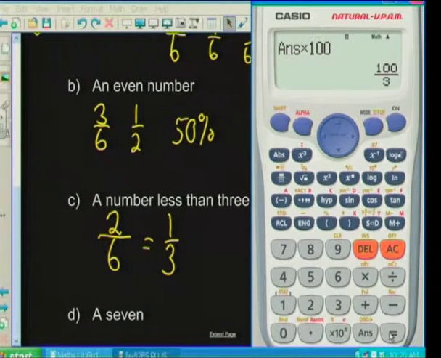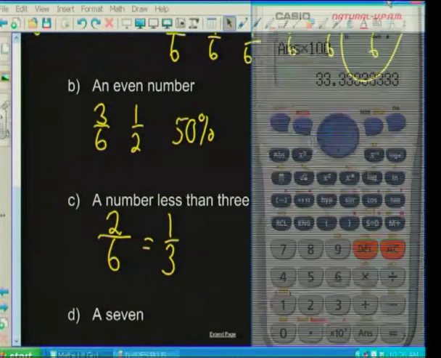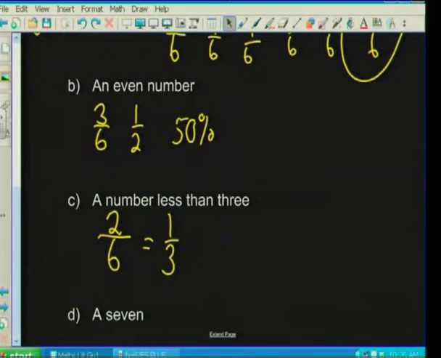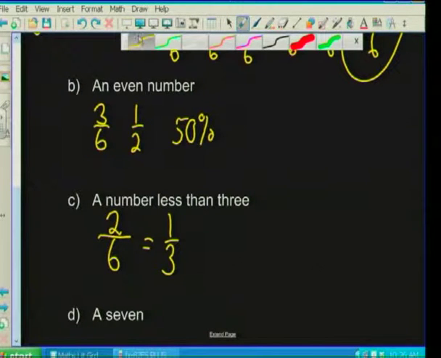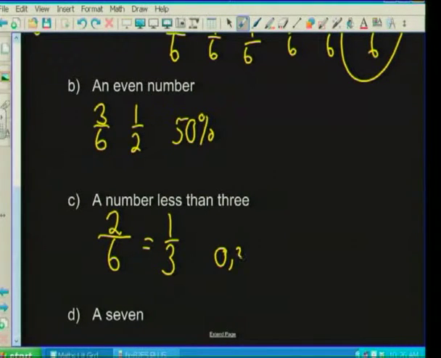So let's look at that answer as well. It's 33.3%. So let's fill those in here. It's 0.33 or 33.3%. So the chance of the dice landing on a number less than 3, a 1 or a 2, is a 33% chance, 1/3 or 0.33.